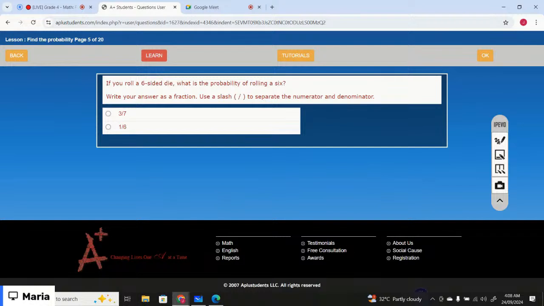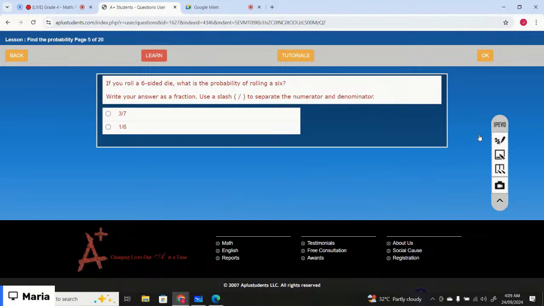If you roll a six-sided die, what is the probability of rolling a 6? That is again 1 by 6, right?